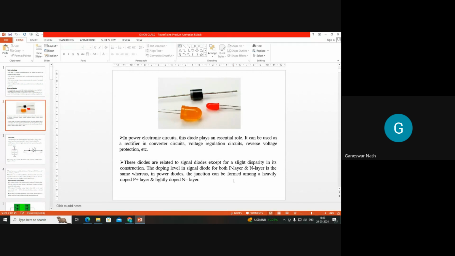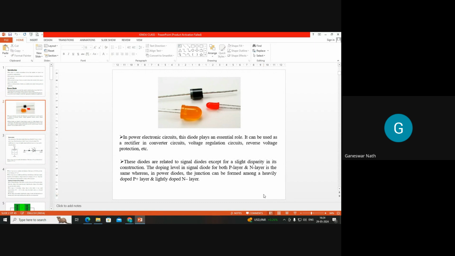Whereas in power diodes, the junction is formed between a heavily doped p plus layer and a lightly doped n layer. So when constructing a power diode, some regions are heavily doped and some are lightly doped.